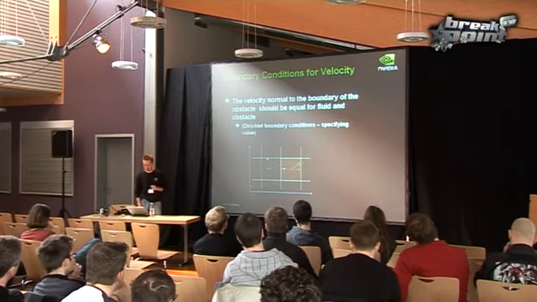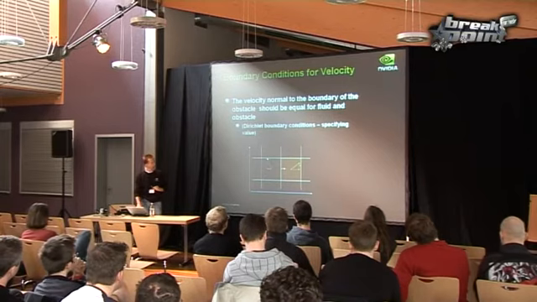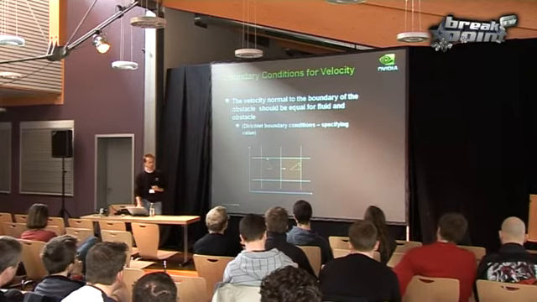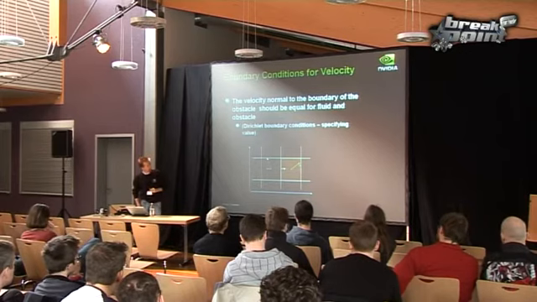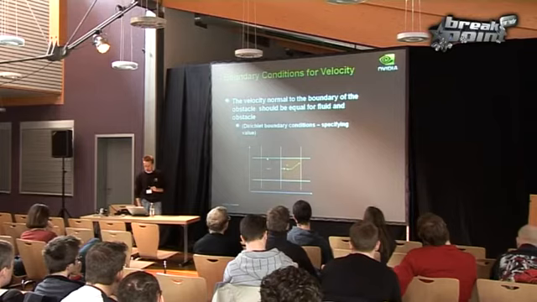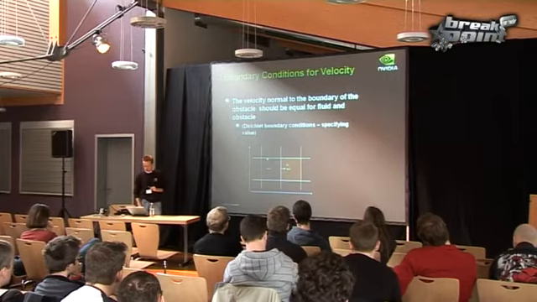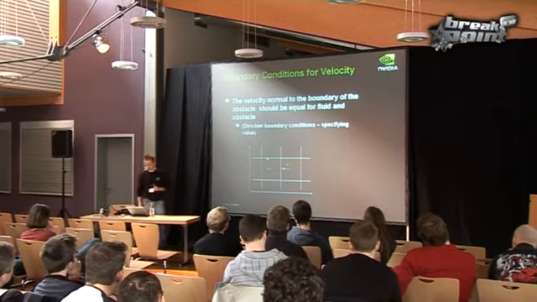Then we need to make sure that the normal component of our obstacle velocity is equal to the normal component of our fluid velocity. So we need to modify this arrow here and recalculate a new velocity for our fluid, which is going to look like this. This is all pretty straightforward, actually.